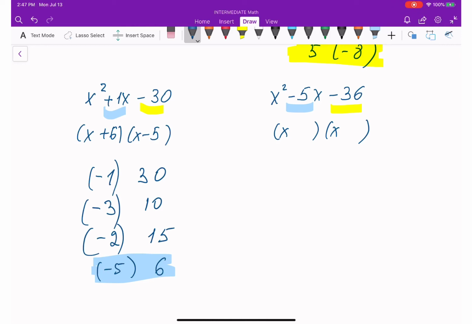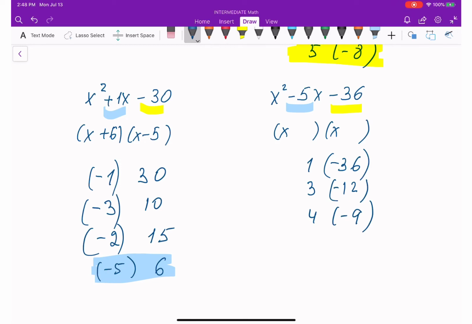Now let's move to negative 36. Okay, since we have 5 as negative here, therefore the greater number is going to be negative. All right? 1 and 36, which means 36 is going to be negative. What else? 2 and 13. No. Let me see. 3 and 12. It's negative. 4 and 9. 9 is negative. Okay.